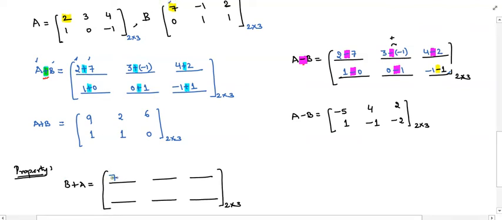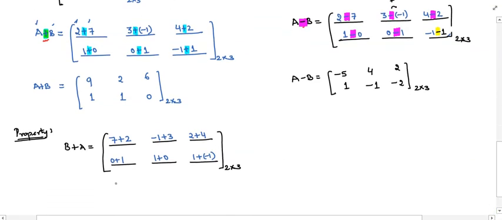So 7 plus 2, the element of matrix A. Similarly, minus 1 plus 3. 2 plus 4. So just the position change. So 0 plus 1. 1 plus 0. And this gives you 1 plus of minus 1. Now, we know that matrix addition is commutative.